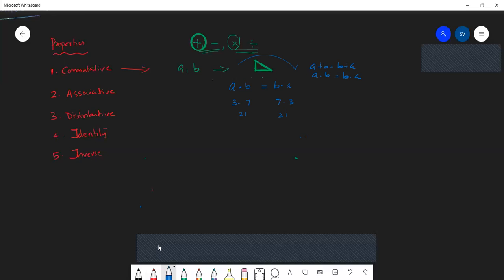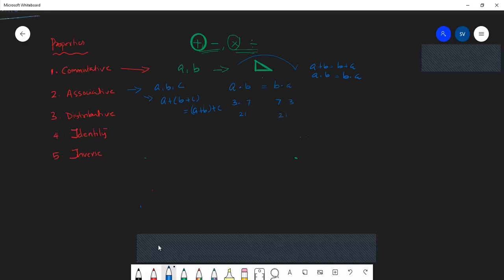And next is associative property. In associative property, we consider three numbers, A, B, and C. Associative property for addition explains that (A plus B) plus C is the same as A plus (B plus C).